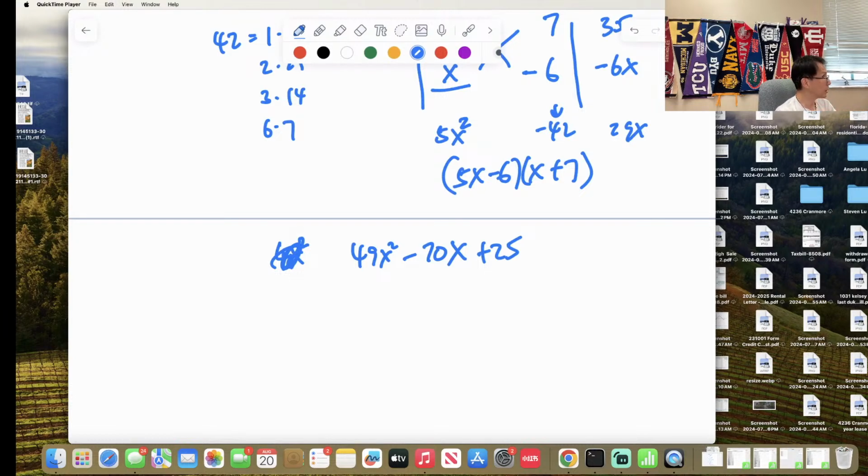Now normally if you do the AC method, 49 times 25 becomes a very huge number. So with this method, it will actually reduce the errors. Just make sure it's way faster when you're doing factoring.